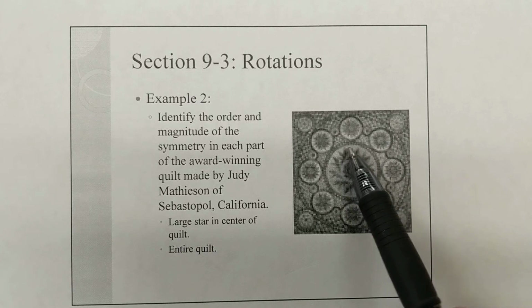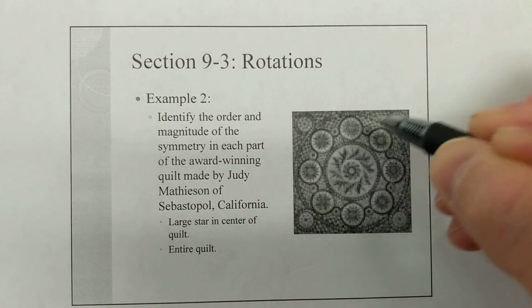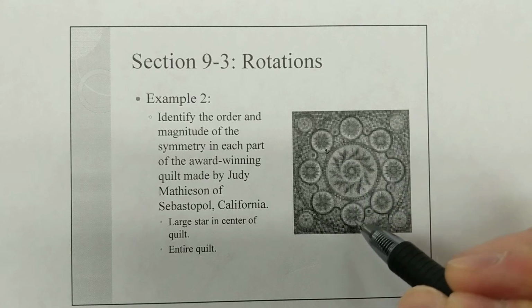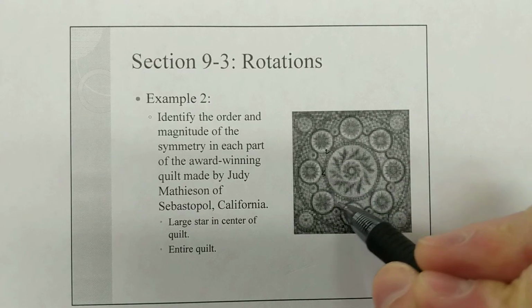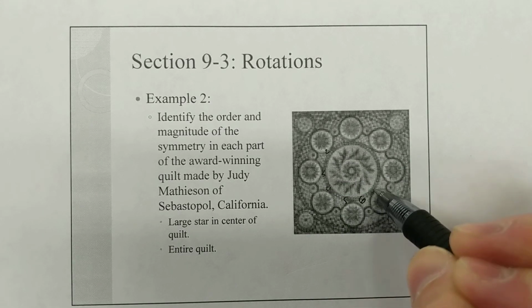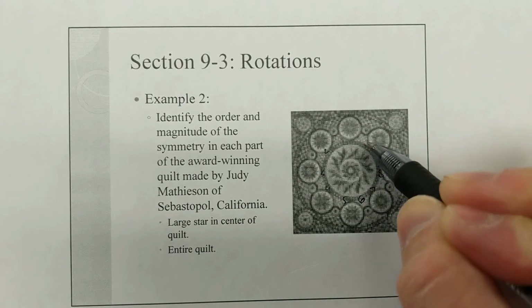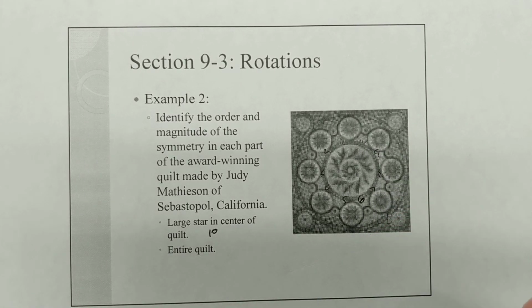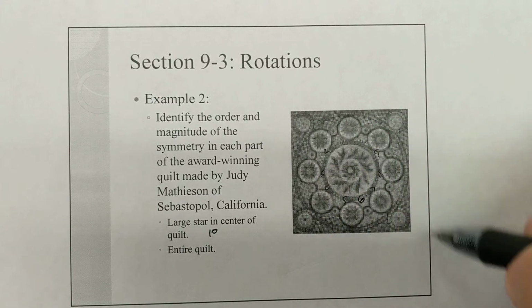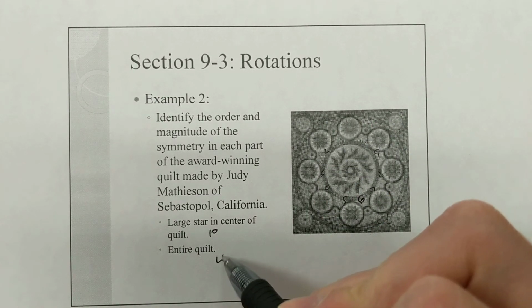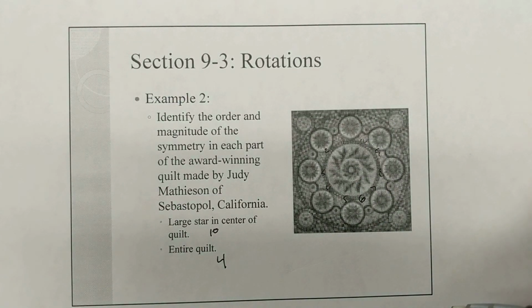We'll start on this guy. So 1, 2, 3, 4, 5, 6, 7, 8, 9, 10. So 10 is that one. Entire quilt, so you're looking at the corners, so since it's a square, there are 4 identical corners, so it'd be 4. And that's the end of this section.